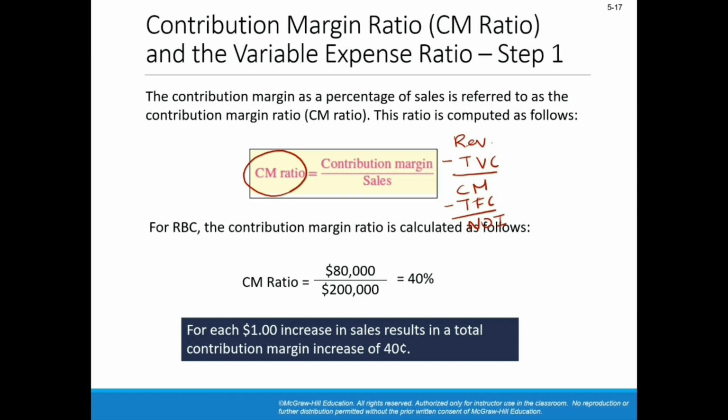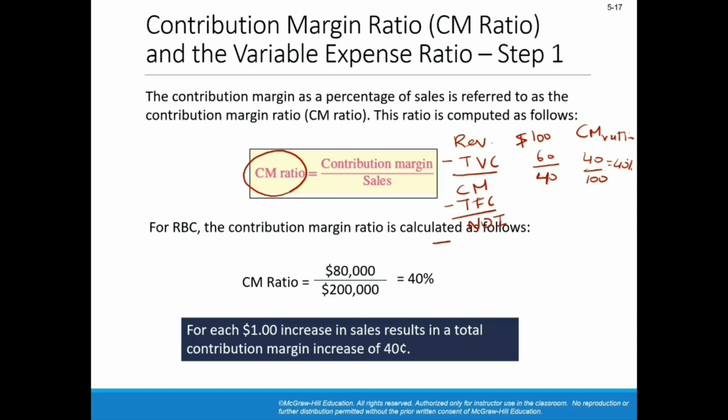If you are selling at $100 and your total variable cost is 60, you are left with $40 for your CM, and therefore your CM ratio is basically 40 divided by 100. This is the CM ratio, and this is 40%. So 40% means that if you sell an additional $1, your net operating income will increase by 40 cents.